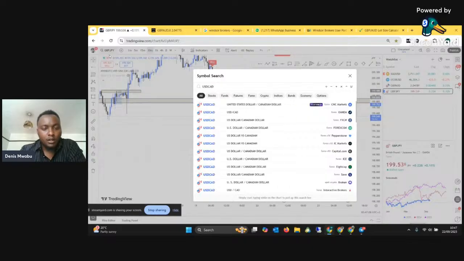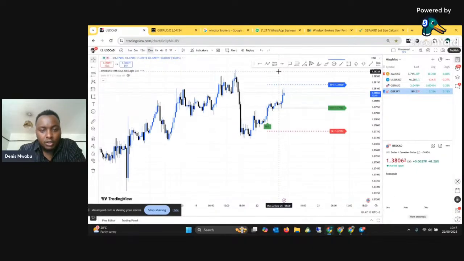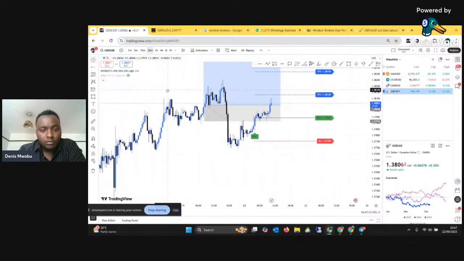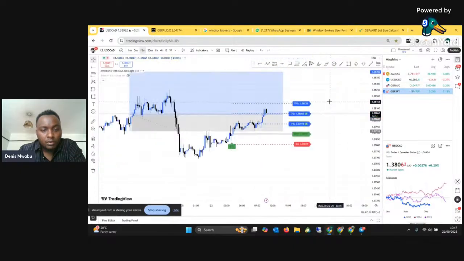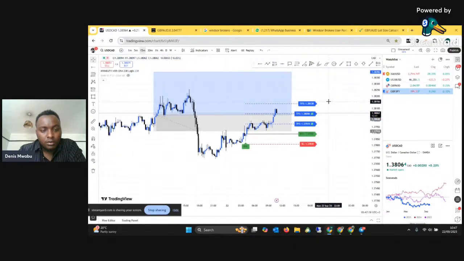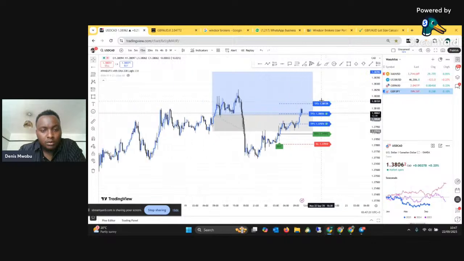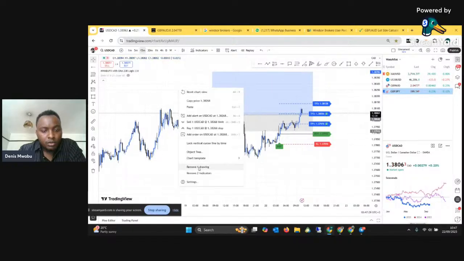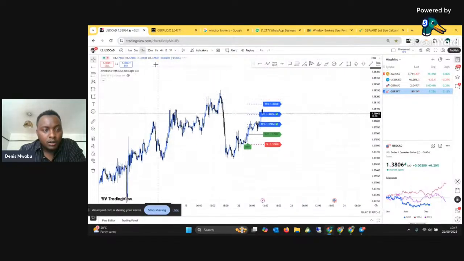So there's a pair that I usually take a look at here. This USD card.